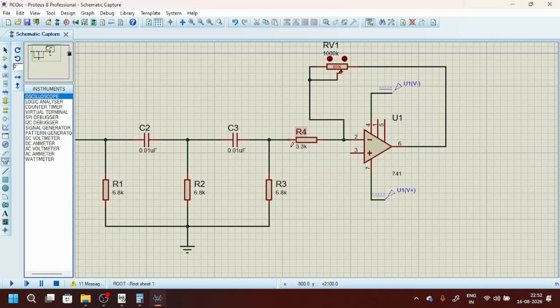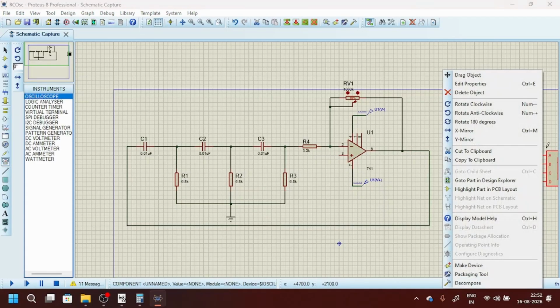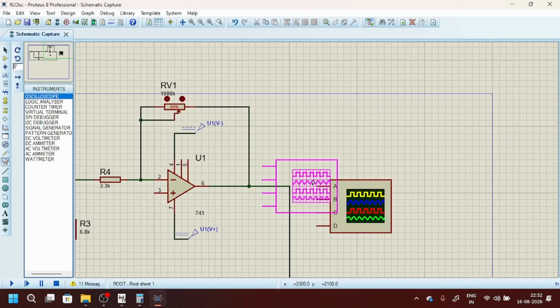The only thing that you have to keep in mind is this is a separate biasing resistor for the op amp, so that should not be taken into consideration while calculating the frequency. Okay, so only up to R3. Then this will be connected in this manner, and finally this is connected to the oscilloscope.